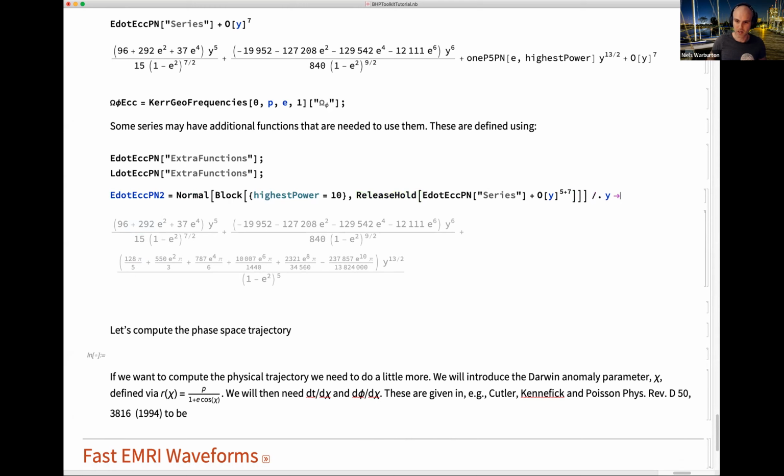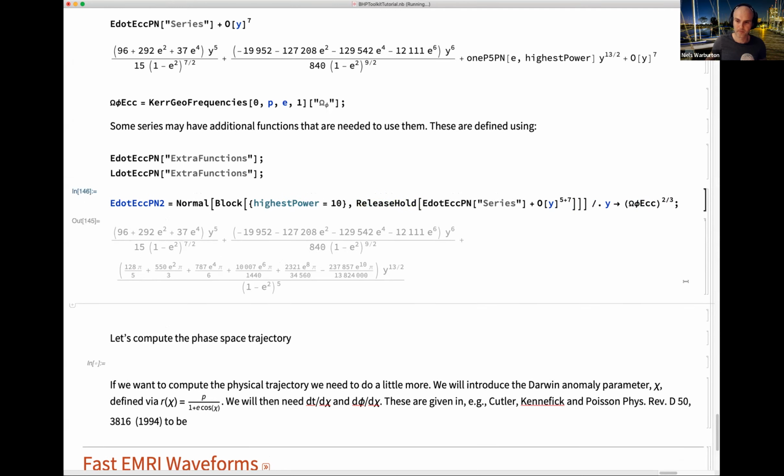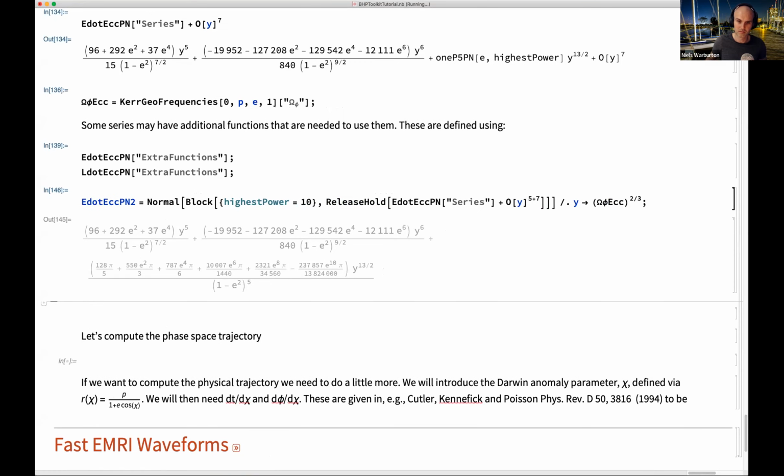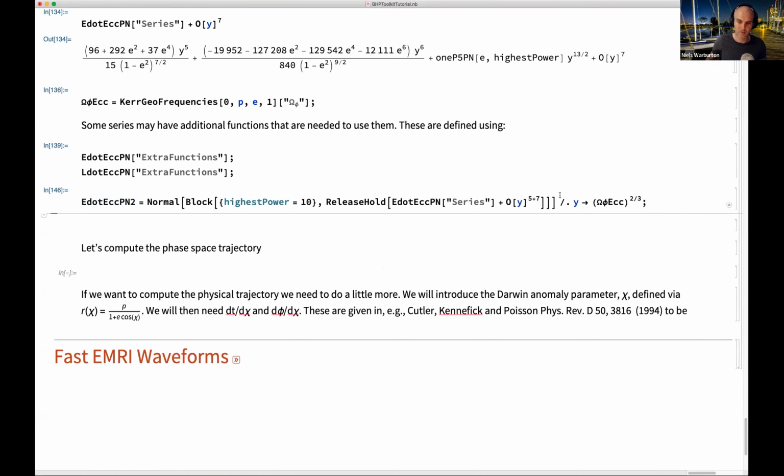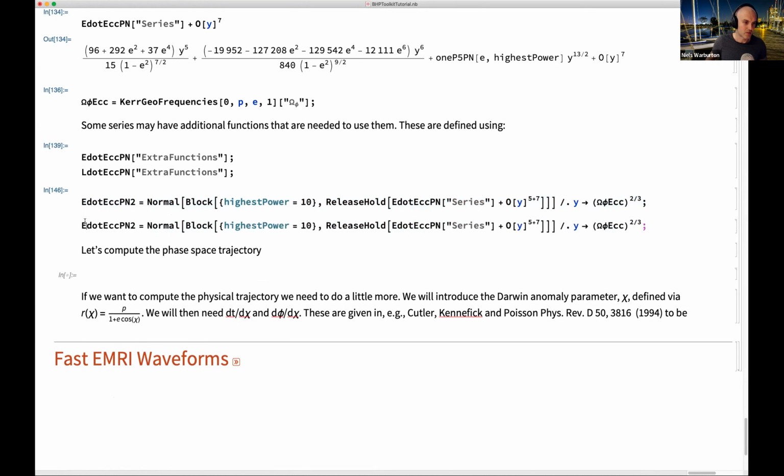And we need to replace y with omega phi eccentric to the 2/3 power, again just setting capital M to 1 in that replacement. That took a little bit of time, but that's fine. It just has to do it once.